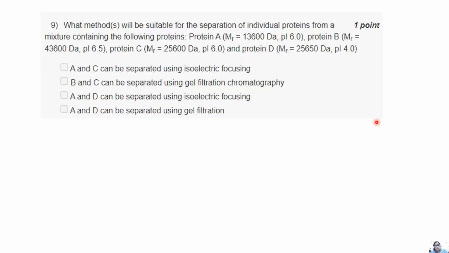The first question is, what methods will be suitable for the separation of individual proteins from a mixture containing the following proteins?